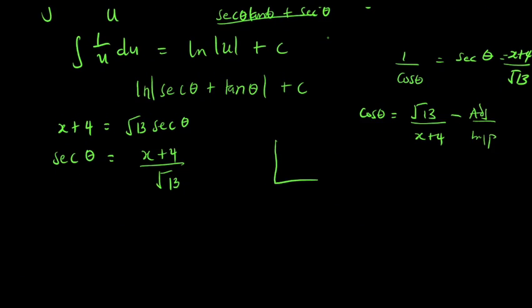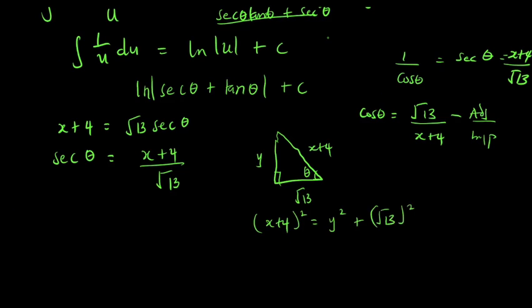So I'm going to draw a right angle triangle. This is my theta, and this is the 90 degree angle. This is the square root of 13 and this is x plus 4. So we have to find this side, let's say y. From Pythagoras' theorem, hypotenuse squared equals opposite squared plus adjacent squared. So the hypotenuse is x plus 4 squared, which equals y squared plus the square root of 13 squared.